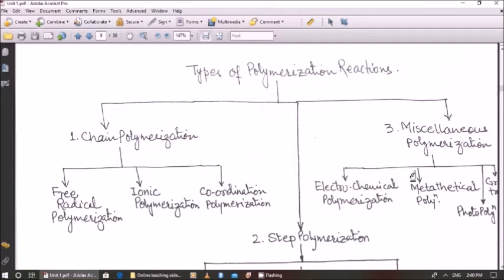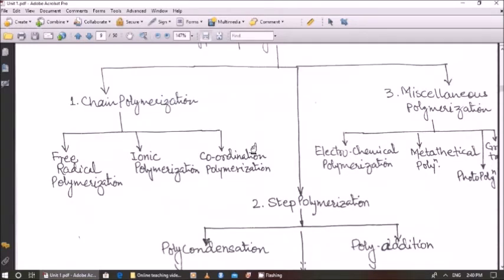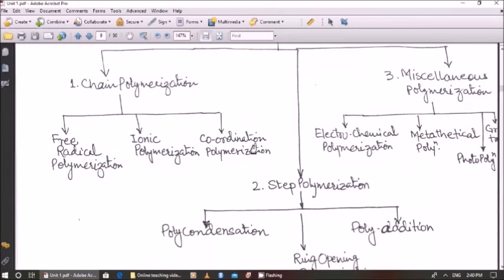In miscellaneous polymerization reaction, electrochemical polymerization, mathematical polymerization, photochemical polymerization, grafting polymerization reaction comes under this miscellaneous polymerization reaction. And in first category, chain polymerization reaction, we can subdivide it into free radical polymerization, ionic polymerization, and coordination polymerization.